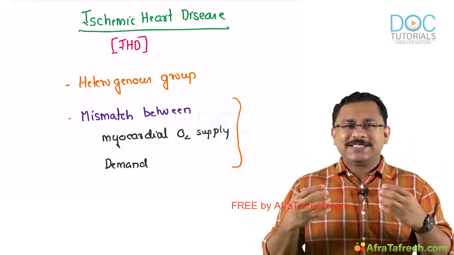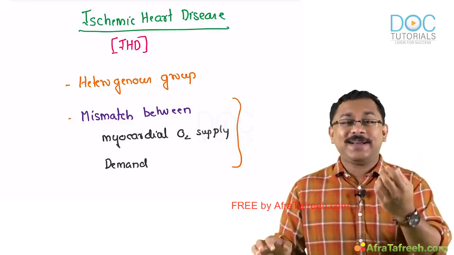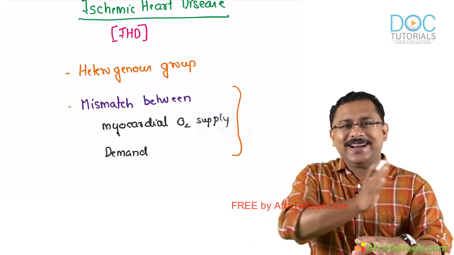Now, what are the disorders that fall into the spectrum of ischemic heart disease? I told you it is a heterogeneous group.